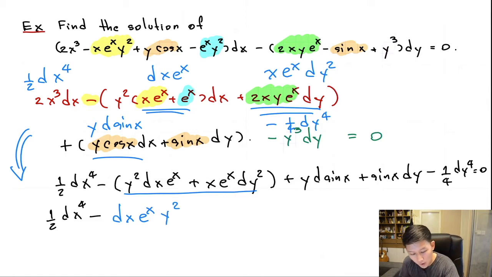See why? Because it's f and g, right? So it's f dg plus g df.